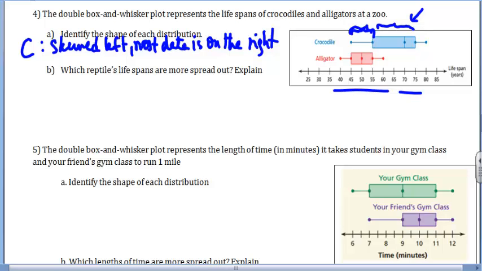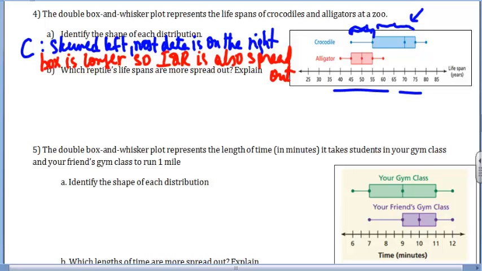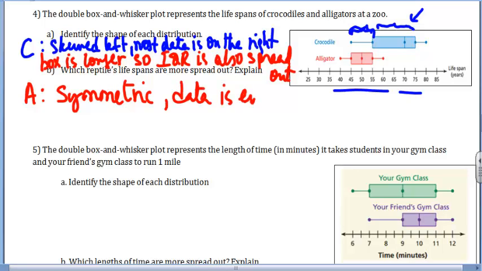And then the box is longer, so I'm going to say the interquartile range is also spread out. Okay, now for alligators, I'm going to say that the box is symmetric and data is evenly spread. So this is what I get out of how to read the double box and whisker plots.